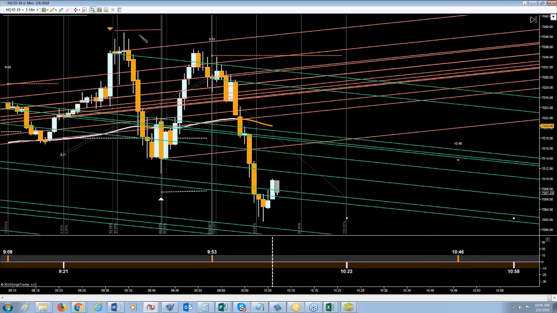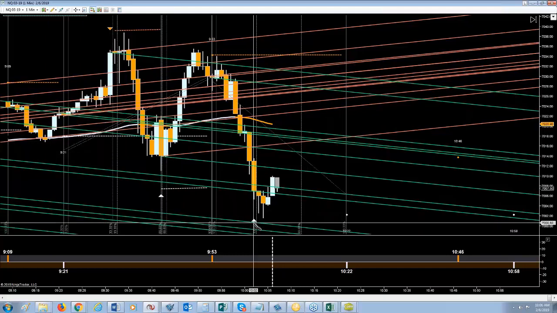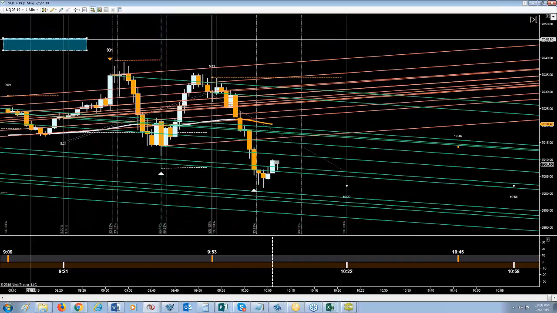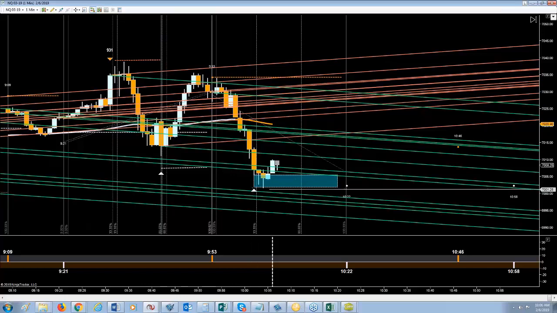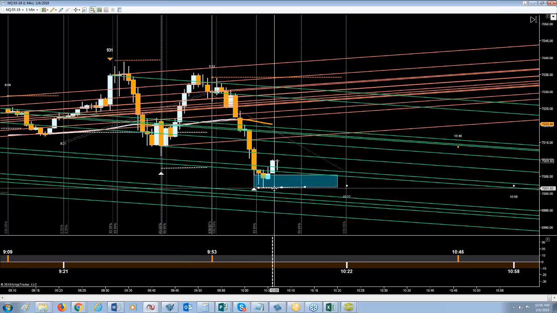So our exit time-wise in terms of a split was on this signal right there. And it just barely clipped the stop. So right there.